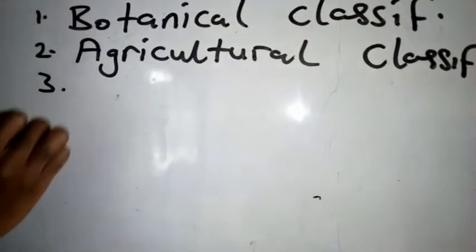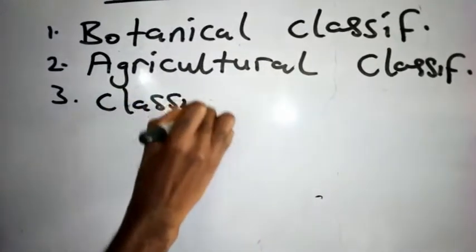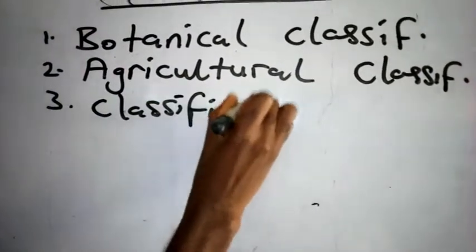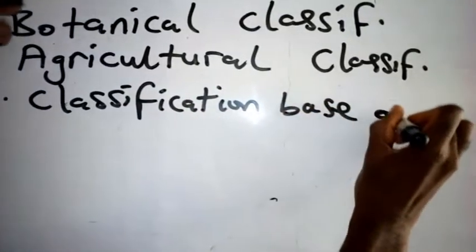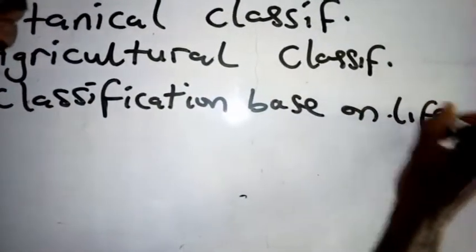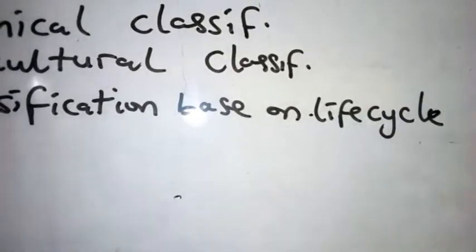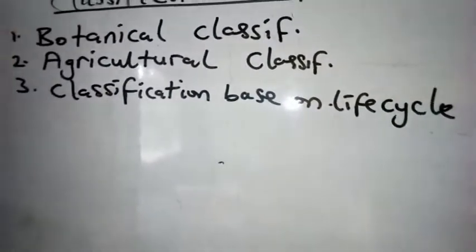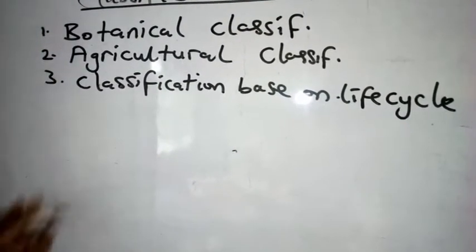Then finally, we'll consider classification based on life cycle. These are the three categories we are going to use to classify plants in biology.